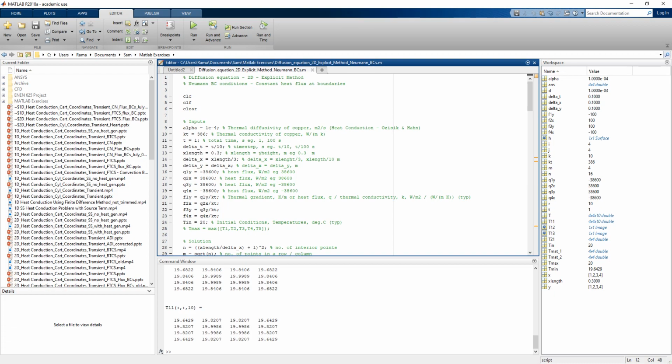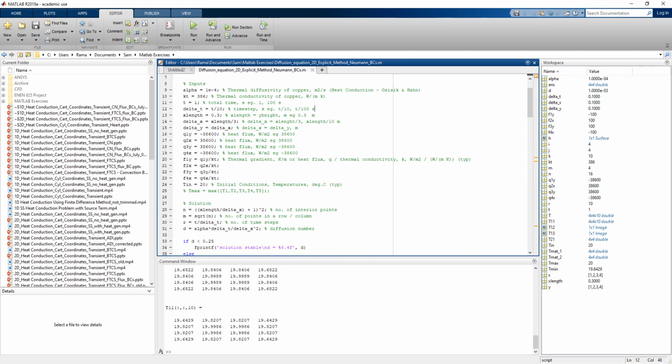The heat fluxes Q1y, Q2x, Q3y, Q4x are given as 38,600 with appropriate signs, and the thermal gradients F1y, F2x, F3y, F4x are given as shown here. For example, F1y is equal to Q1y over KT and so on. The initial temperature is given as T in, which is equal to 20 degrees Celsius.